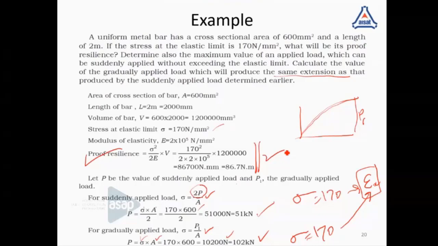We are coming to that topic later. We have seen the basics related to the strain energy density and evaluation of strain energy.